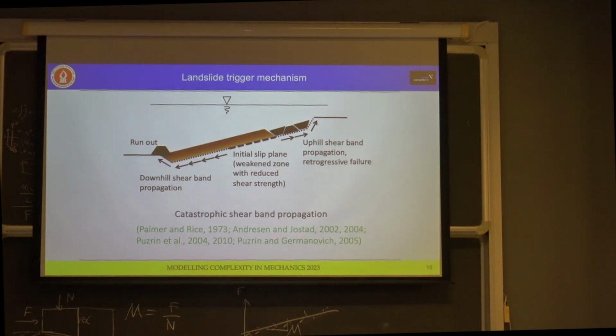So actually this is called catastrophic shear band propagation. There is also progressive shear band propagation, when it takes time, on large time scales, and if it's on relatively small time scales, it's catastrophic. It's just the definition of the researchers in the field.